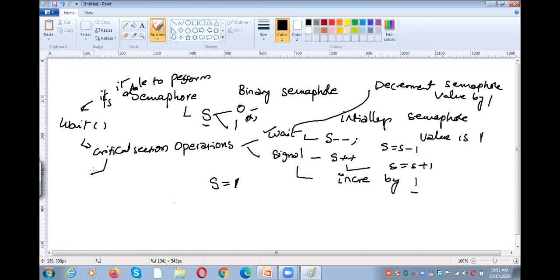Whenever it is coming out of the critical section, it needs to perform the signal operation. Do you get my point? If the process fails to perform the wait operation, then the process is not allowed to enter into the critical section.